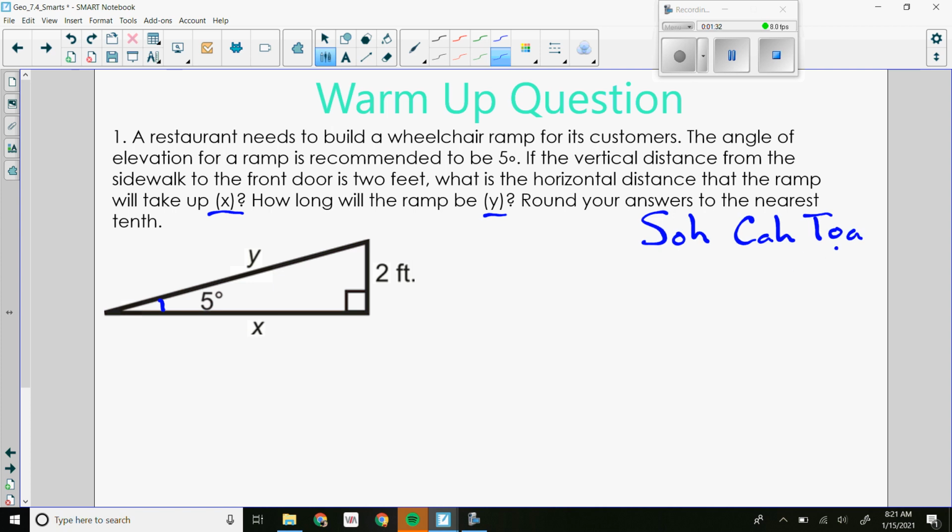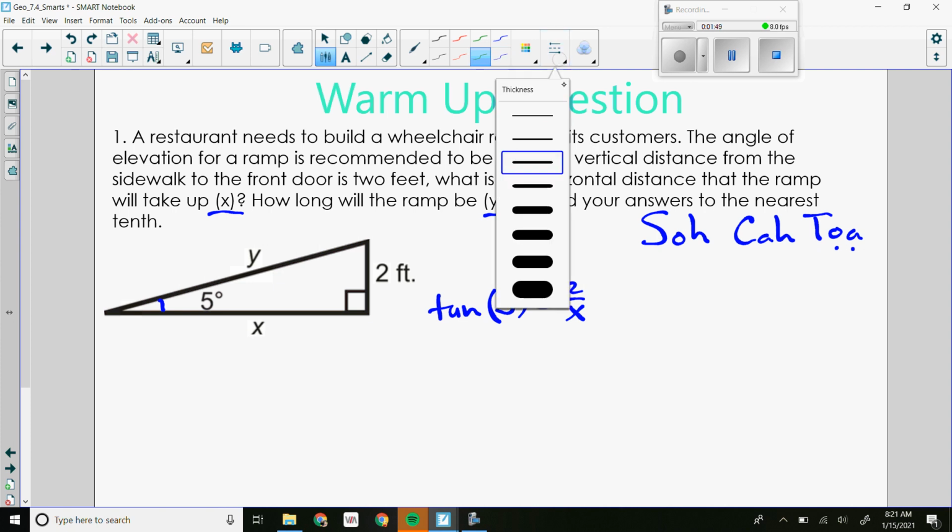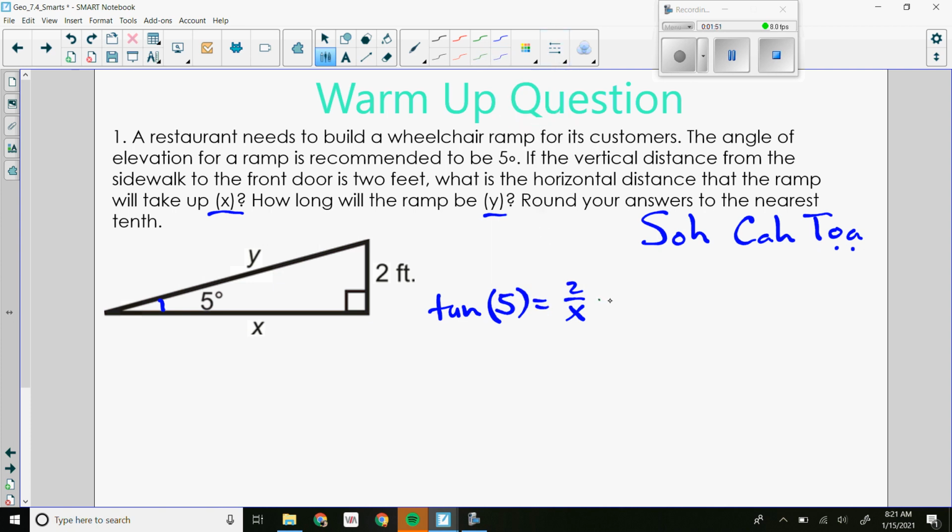Well, opposite and adjacent come after the T, the O, and the A, so we're going to use tangent to find X. So we'll say tangent of 5 degrees equals the opposite 2 over the adjacent X. Okay, this is one of those tricky ones where we have to multiply both sides times X to get the X out of our denominator on the right side.